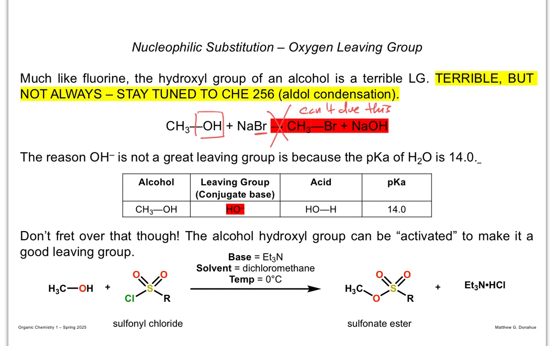And the reason is based in the pKa argument. So the leaving group would be hydroxide. The conjugate acid of hydroxide is water. The pKa of water is 14. So notice that's not less than 0. So OH is a terrible leaving group.